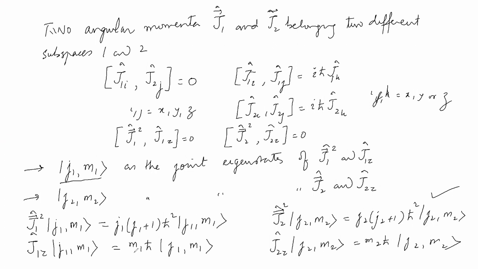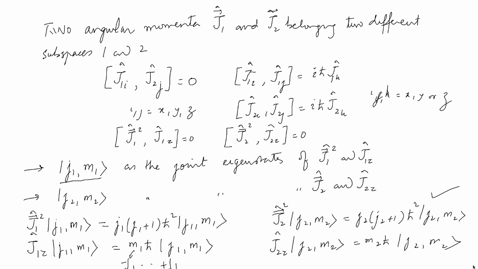Now, what is the important point? That this M1 will take values from minus J1 to plus J1. Similarly, M2 will take values from minus J2 to plus J2.